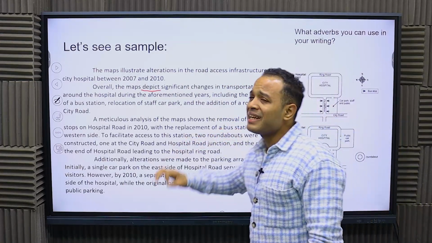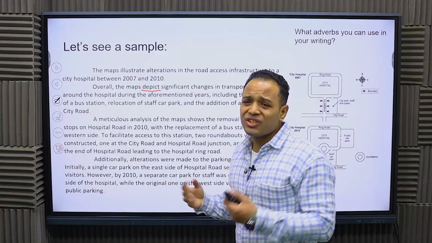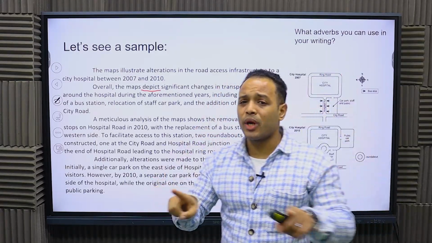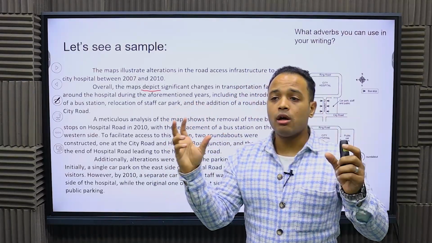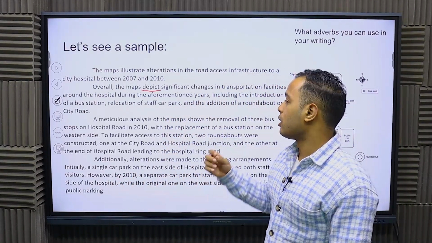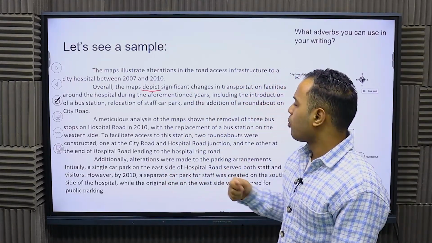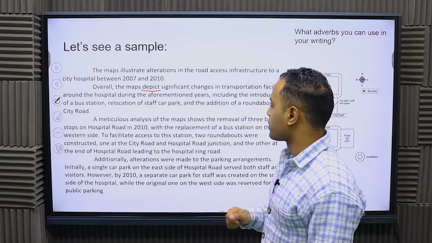So you could say accurately depict significant changes. But the word depict means to make a picture. So it is really imaginative, a word that gives a better understanding of how exactly it looks. That's why it's not needed to add more adverbs in this one.